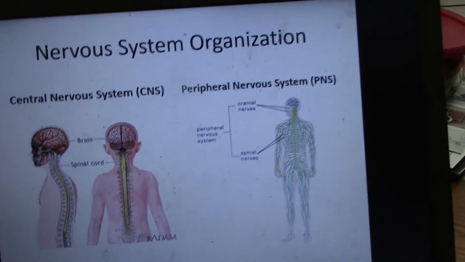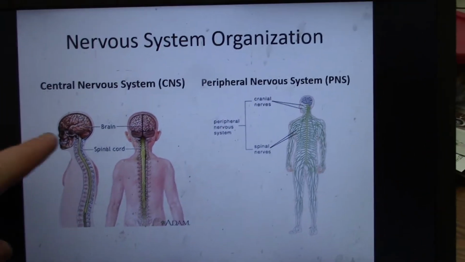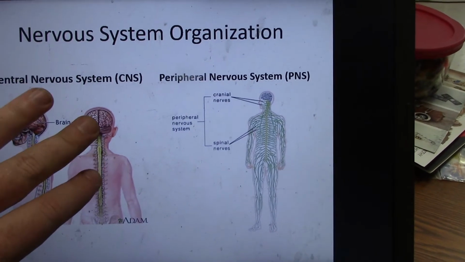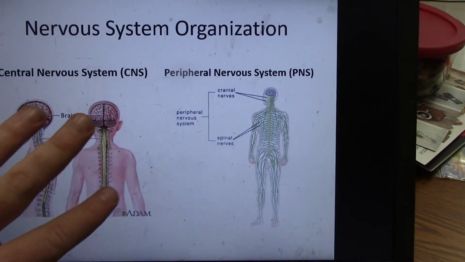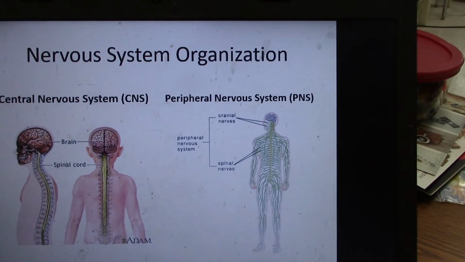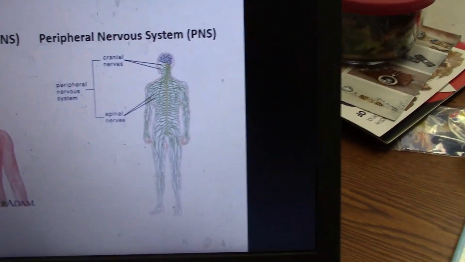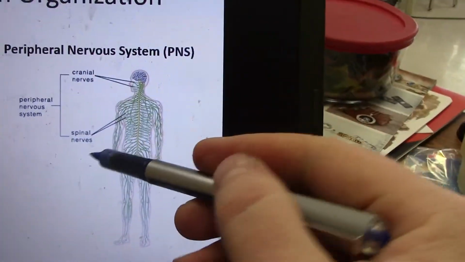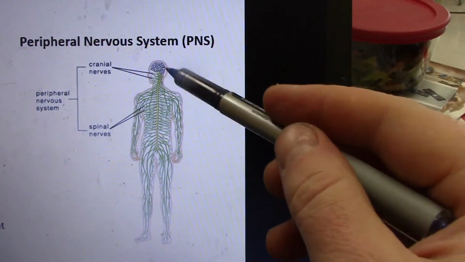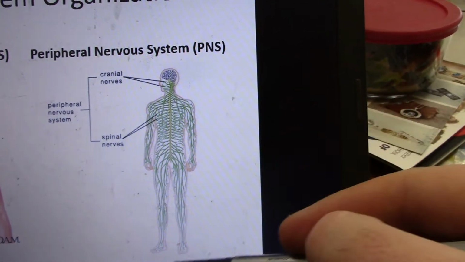So how is the nervous system organized? Like I said, you have the central nervous system, which is your main coordinator of the nervous system itself, and then you have all of your peripheral nerves. The deal with the peripheral nerves, everything in green here, is they're a relay center between the central nervous system and the rest of the body.